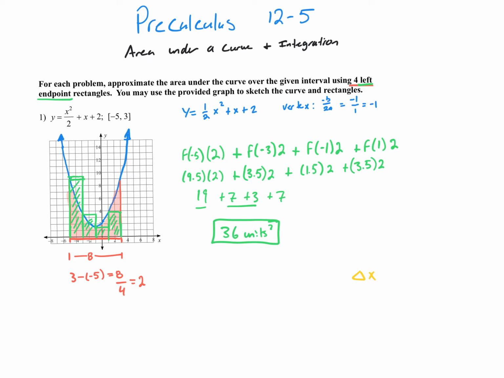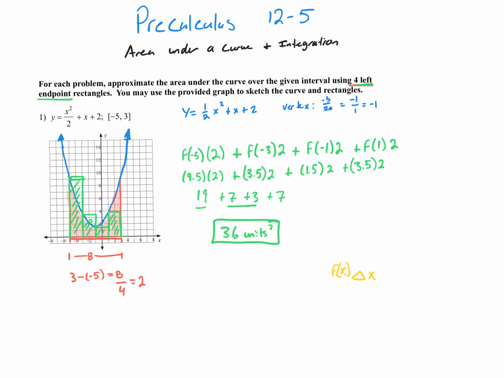And I'm going to multiply it by f of x sub i. And x sub i, in this case, is just going to be the left-hand point here. So if I want this one, it'd just be f of x sub i. And then each of these moves over a delta x. So in my case, my delta x is 2. So notice this is the area of just one rectangle.